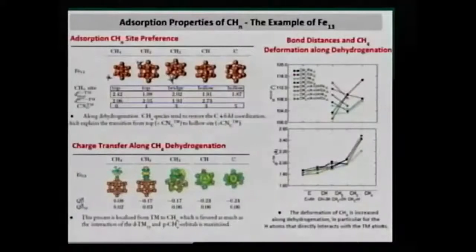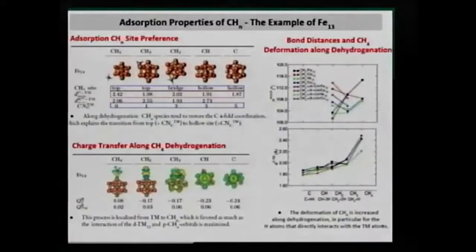So now I will show you some of our results by using the example of iron clusters. Here we show the adsorption site preference, and we can see that along the dehydrogenation process, which decreases the number of hydrogen atoms from CH4 to C, the species tend to occupy larger coordination sites, which also follows the decrease of the distance between the molecule, from CH4 toward C, and the cluster. This also follows the tendency of the increase of the coordination number between the carbon and the transition metal.